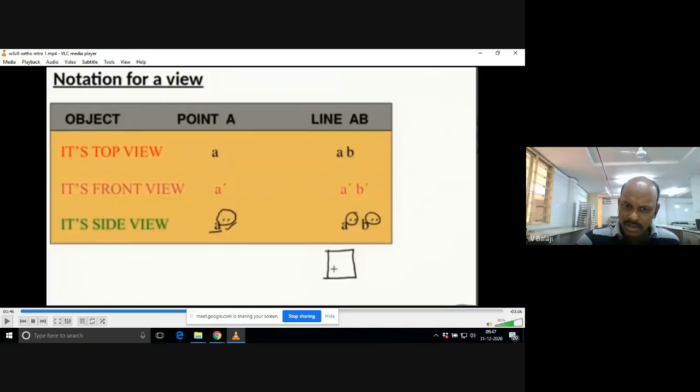Small letters we have to use on the drawing sheet to represent the projections. Actually, the given point will be a capital letter, the given line may be capital AB, but after drawing orthographic projections, we call them top view, front view, side view, right? So on your drawing sheet, never use capital letters, especially in this particular topic.